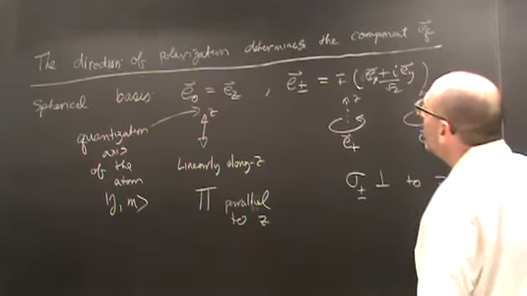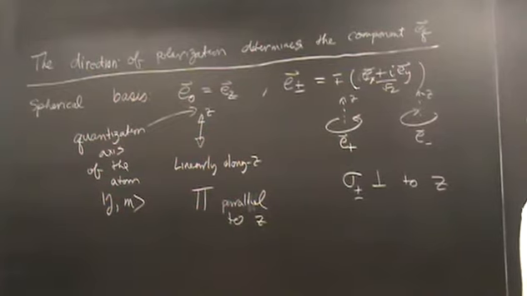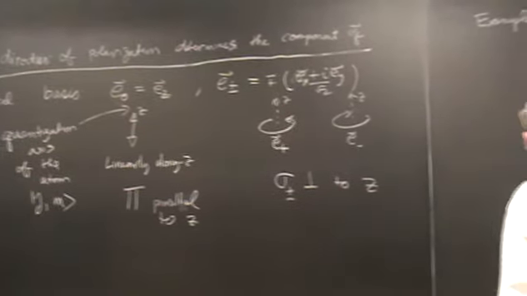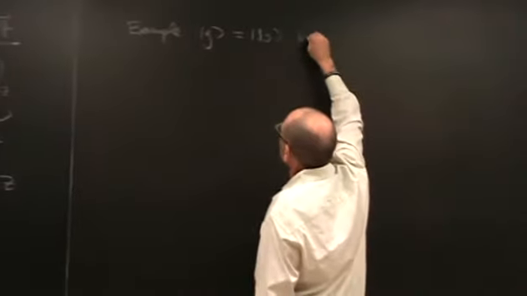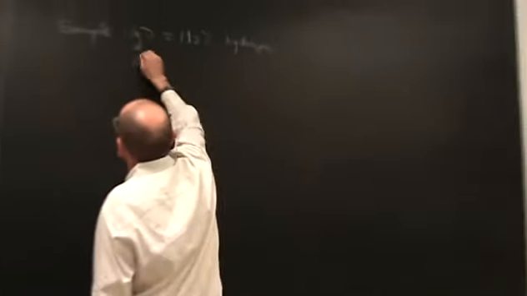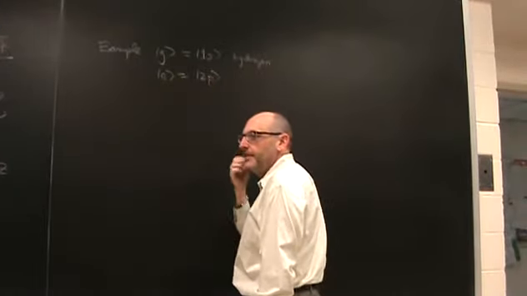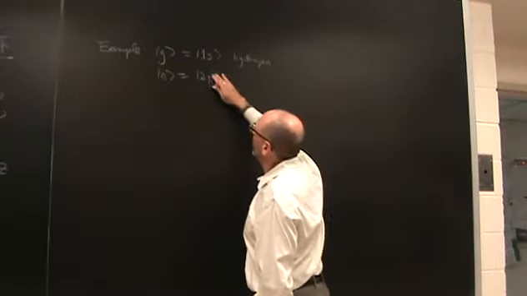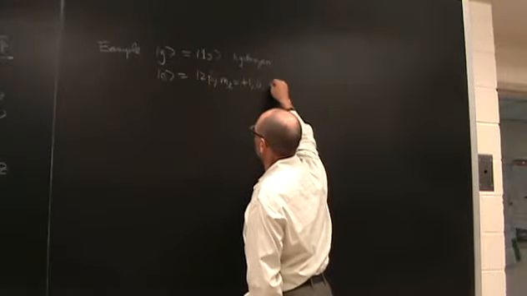Okay, so what that means is the following. Let's consider my ground state is the 1s state of hydrogen, and my excited state is the 2p state, with a given value ml being +1, -1, or 0.